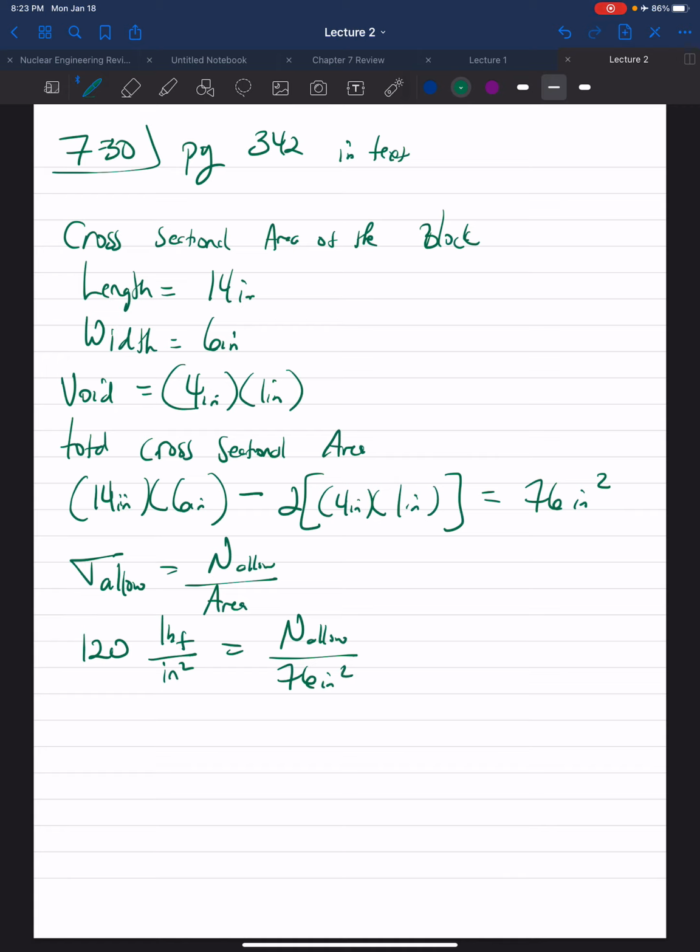You cross multiply for your N allow, which is the vertical load the question is asking for, is the 76 times the 120, which is 9,120 pound force.